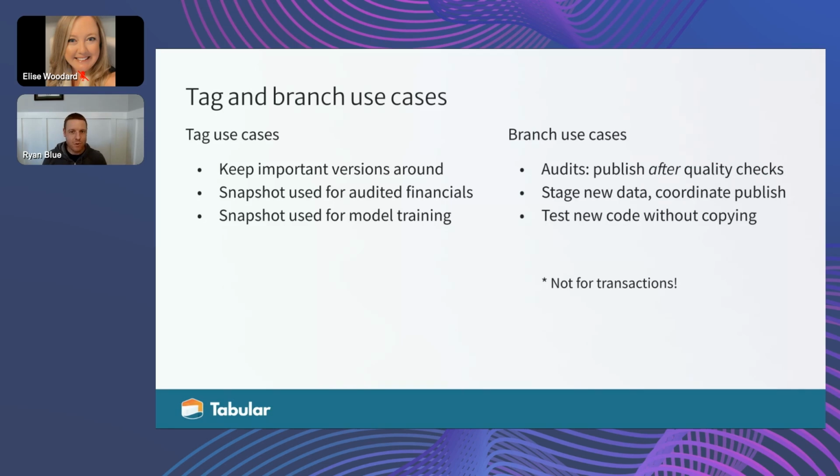So what tagging and branching does is it adapts some of those Git-like concepts to the Iceberg metadata. Because we have the same sort of reused tree or persistent tree structure, we can really easily tag older versions and say, hey, let's keep this around for a year or 3 years or something like that. And that is really important for a number of use cases that people really want. The first one that we encountered at Netflix was audited financials.